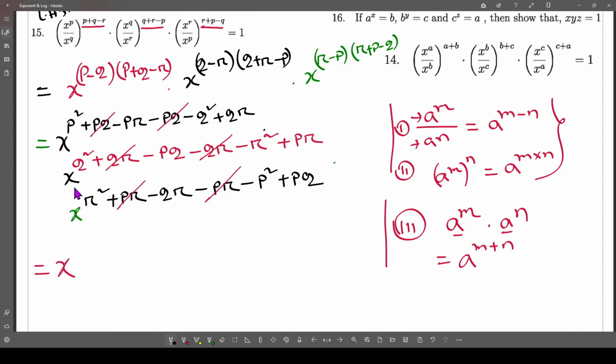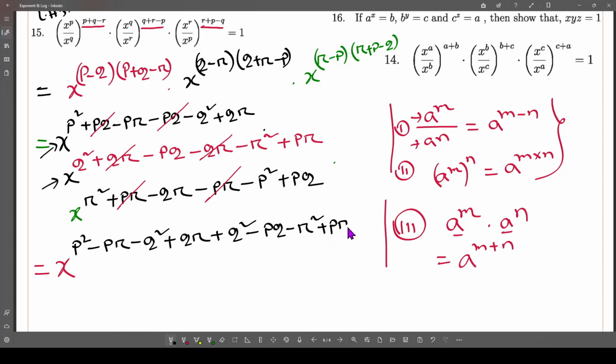Now serially we can write first p square, then minus pr, then minus q square, then plus qr. We have to maintain this one very carefully. Then plus q square. So first this one done. Now we will start this one. So first q square, then minus pq, then minus r square, then plus pr.